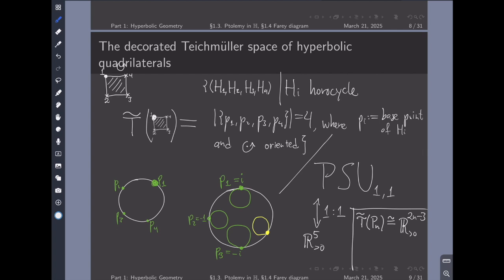Now, this parametrization of the decorated Teichmüller space has one not so nice feature, which is that the parameters don't all have the same nature. For where this point is located, one chooses a point in this interval.